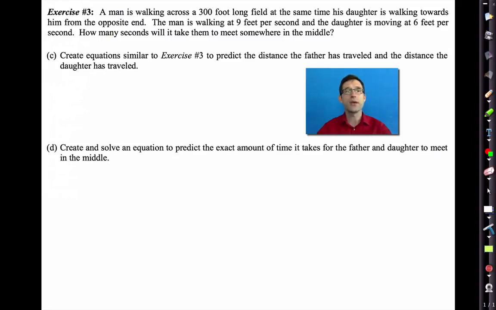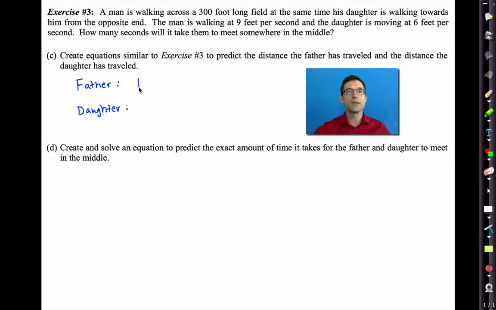Letter C says, create equations similar to exercise 3 to predict the distance the father has traveled and the distance the daughter has traveled. So this is going to be very, very simple. We want one equation for the father and we want one equation for the daughter. Now keep in mind there are equations here. We want an equal sign, we want the equality of two things.